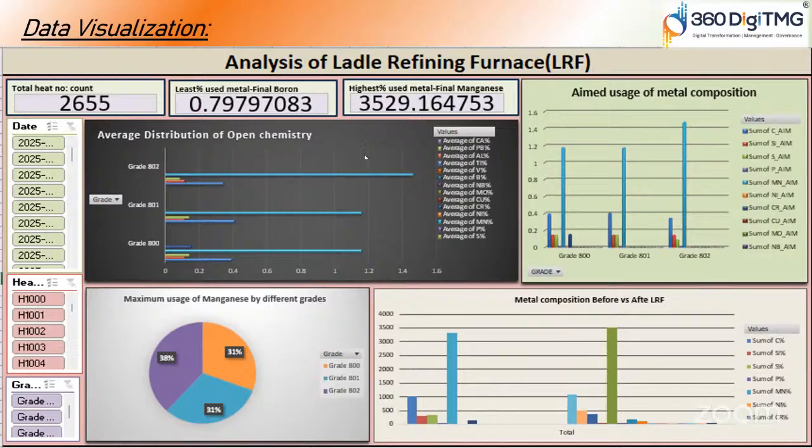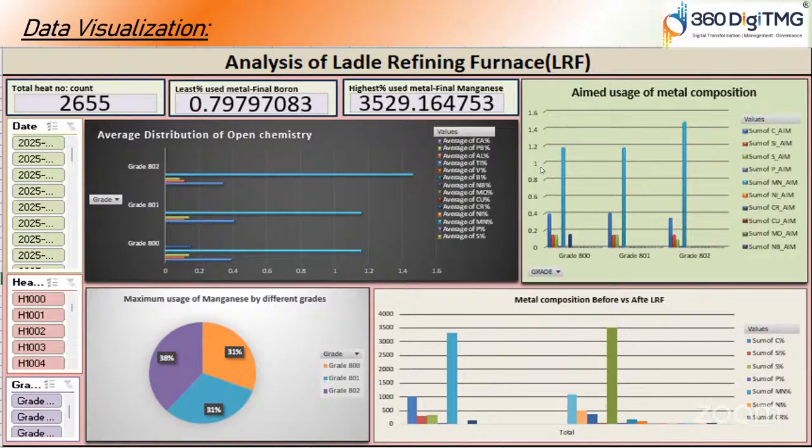Here you can see a bar chart of the average distribution of chemistry by grade. It compares average elemental composition for grades 800, 801, and 802. For example, grade 801 shows higher aluminum and titanium content. This is useful to understand variability across grades.